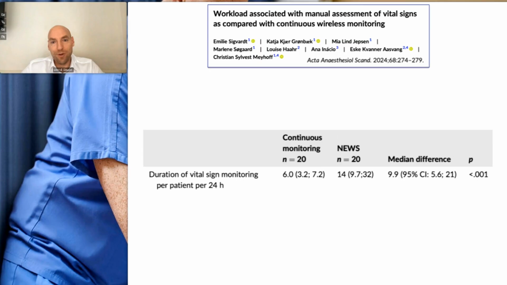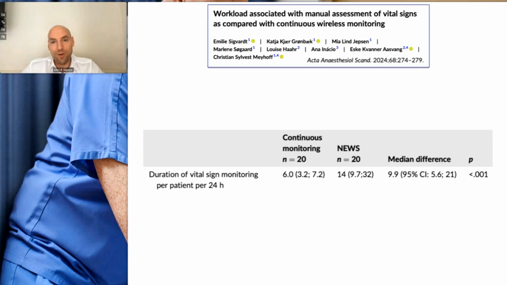But I would argue that if a continuous monitoring system is attached, this should decrease the workload of nurses because, first of all, they can focus on those patients who actually require attention and do not need to waste time spot checking patients who are completely stable.